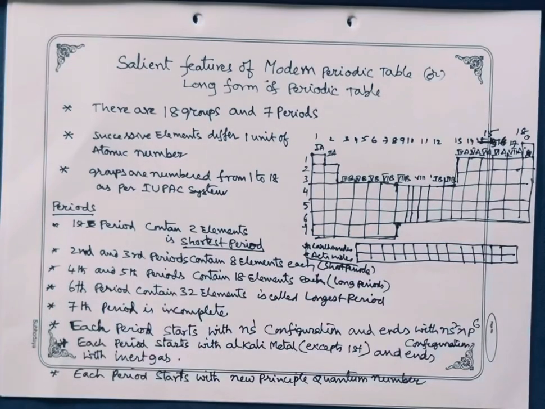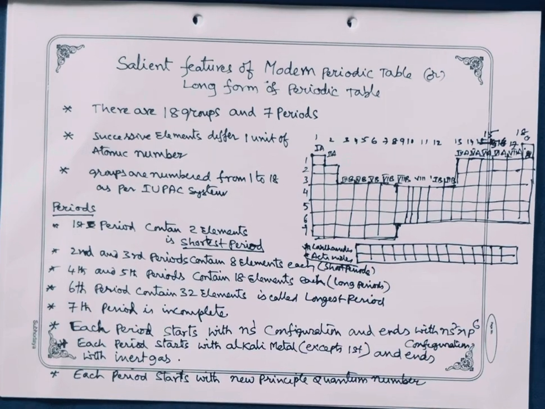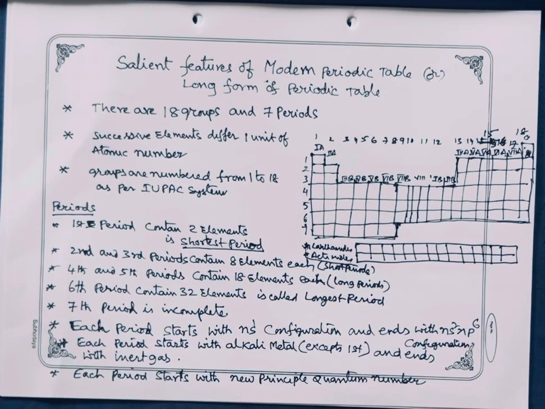Next, let us see salient features of the modern periodic table or long form of the periodic table. What are the features of this main table, the long form table? It contains 18 groups, 18 vertical columns, and 7 periods.